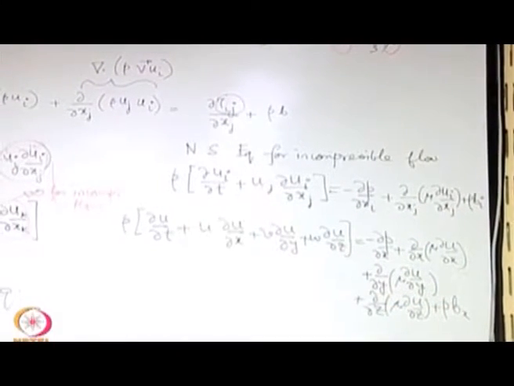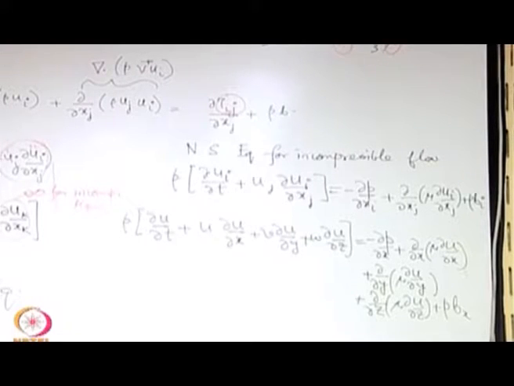If you want to write by using the notation u1 equal to u, u2 equal to v and u3 equal to w, and write it in an expanded form.